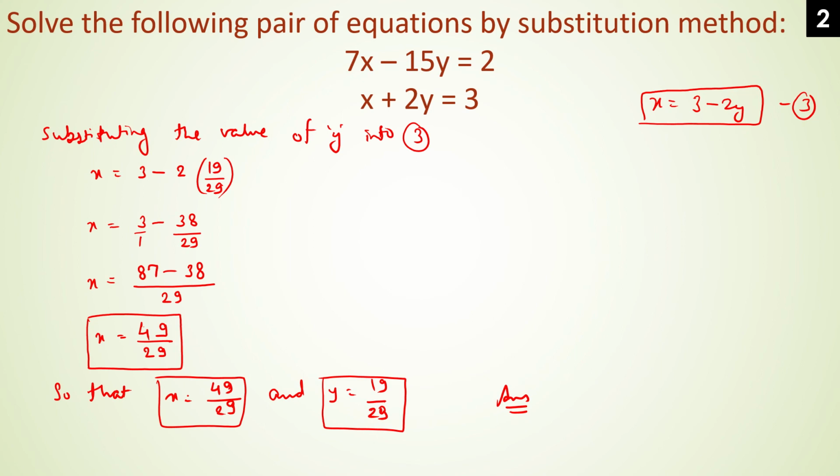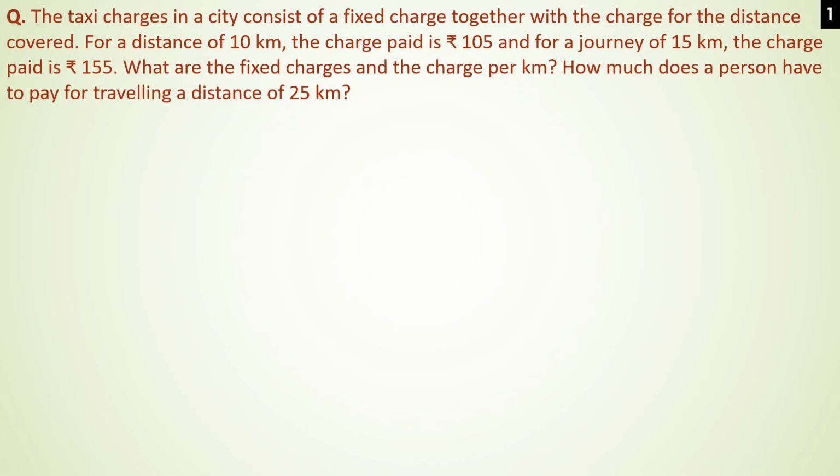Let us see a word problem based upon the substitution method. The problem says the taxi charges in a city consist of a fixed charge together with the charge for the distance covered. That means it consists of a fixed charge and a variable charge based upon the distance covered.